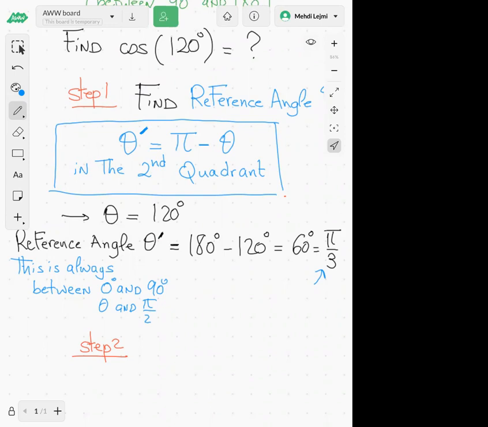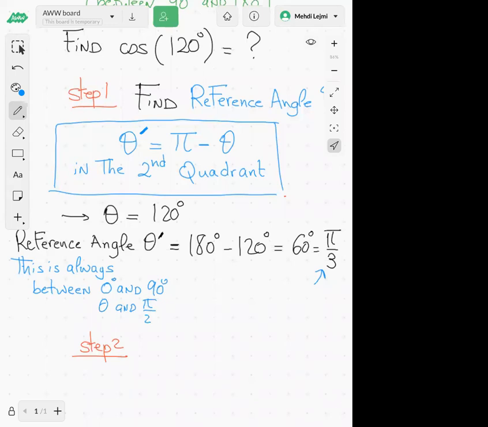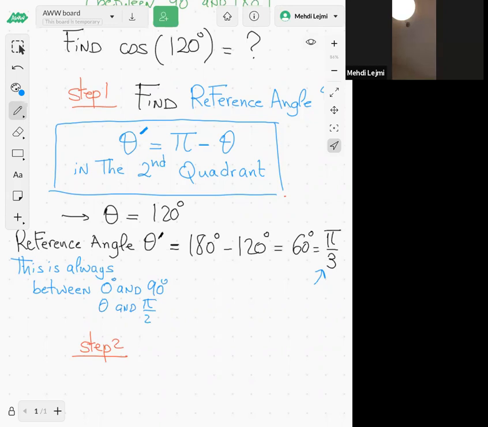It's not 1. Is the purpose to make it a little harder? No, I don't see any other purpose, but that's the notation in the textbook for the reference angle. You need to distinguish between theta, your angle, and your reference angle, theta prime.